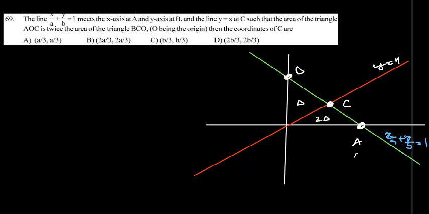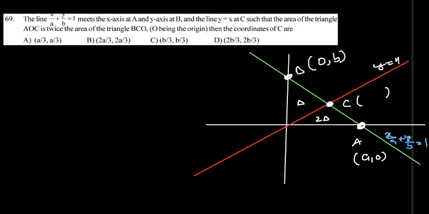First of all, the coordinates of A are taken as (a, 0), obviously, because the line equation is x by a plus y by b equal to 1. The coordinates of B are taken as (0, b). C is a point on the line y equal to x, meaning its x and y coordinates are both the same, just like alpha and alpha.